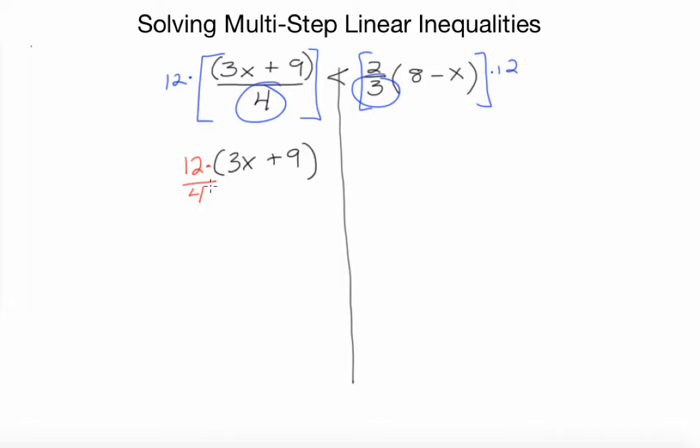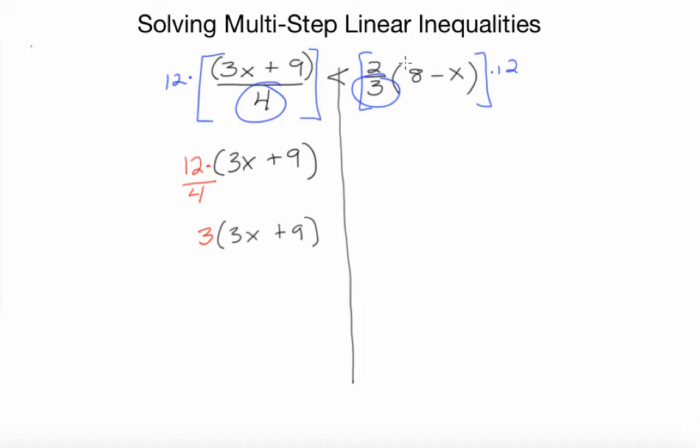It's easy to see that 12 divided by 4 simplifies to 3. So now I have just 3 times 3x plus 9. Notice I haven't done anything inside the parentheses. I'm not distributing this 12 into the parentheses. It's easier to deal with that 12 and the division by 4 first. Both of those things are happening to the entire parentheses, so I can simplify them together first and then do the distribution at the end. That would be the next step. But let's take a look at the right side now and simplify some things there.